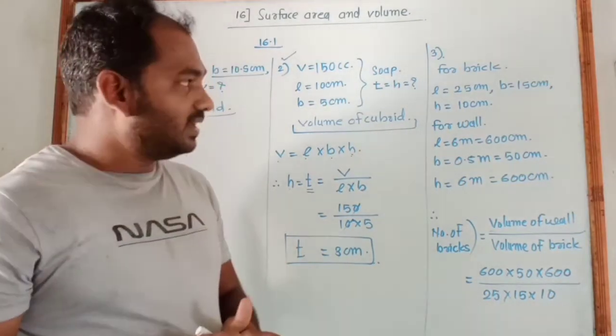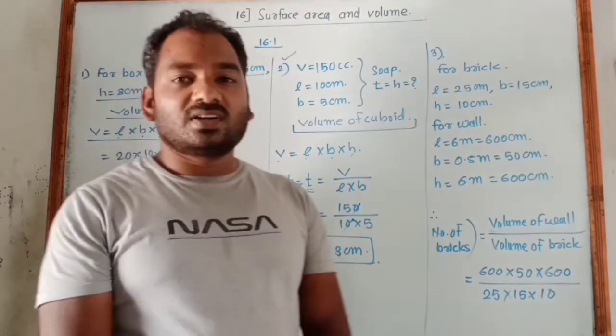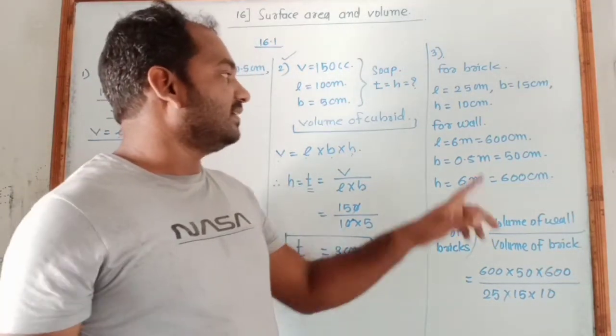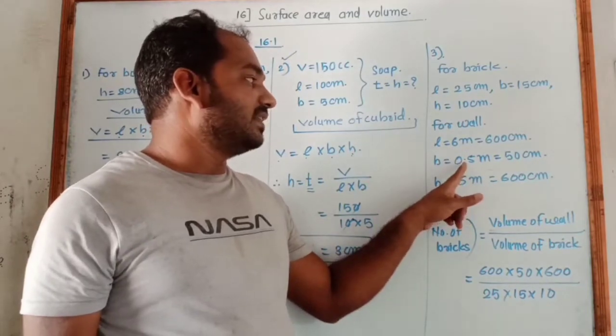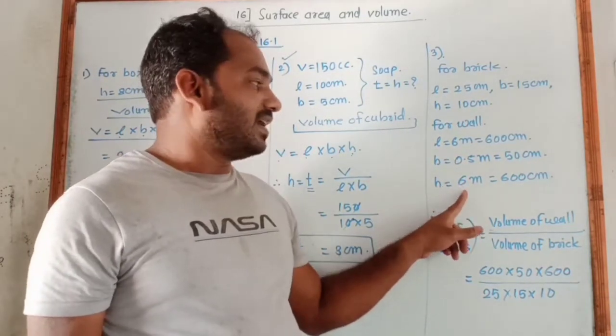In the problem, we have to construct a wall of length 6 meter, breadth 0.5 meter and height 6 meter.